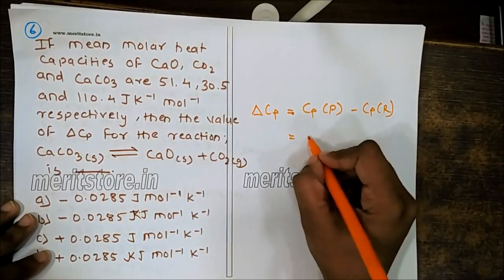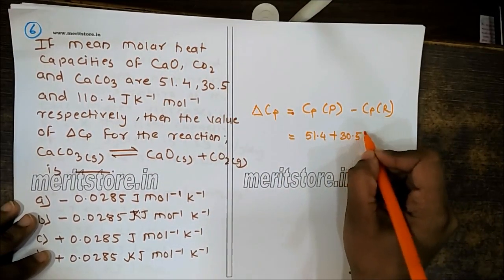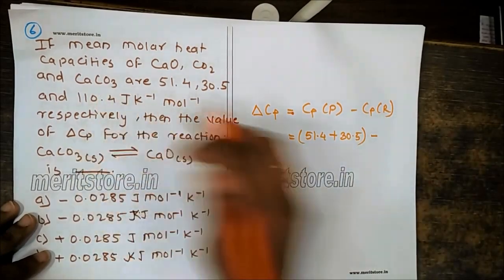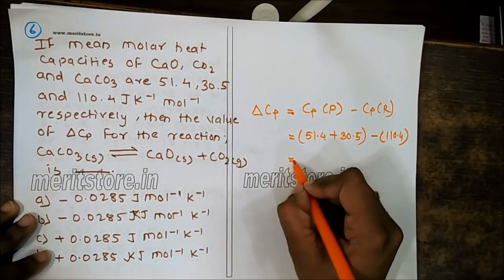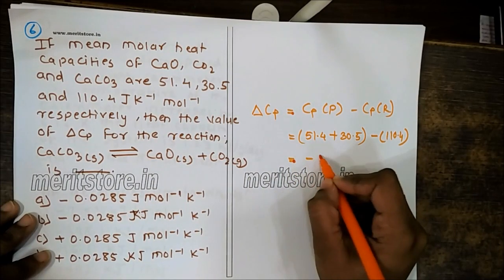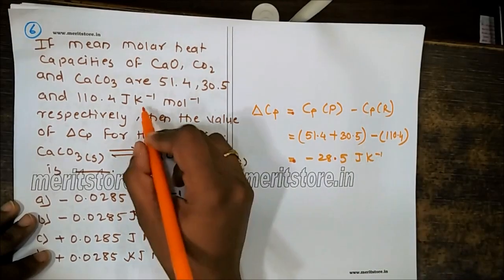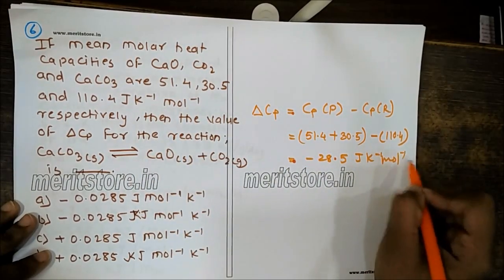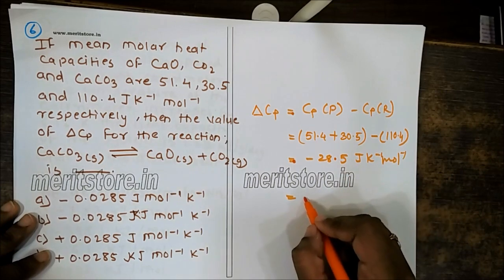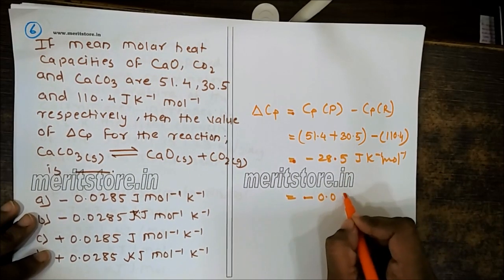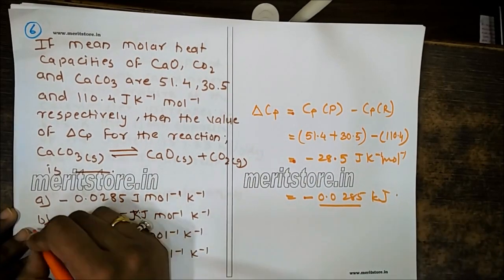So for calcium oxide, it is 51.4, plus 30.5 for the carbon dioxide, minus the reactant, we have 110.4 for the calcium carbonate. So the answer is minus 28.5 joule per Kelvin per mole. If I convert this into kilojoule, this is minus 0.0285. So the answer is option B.